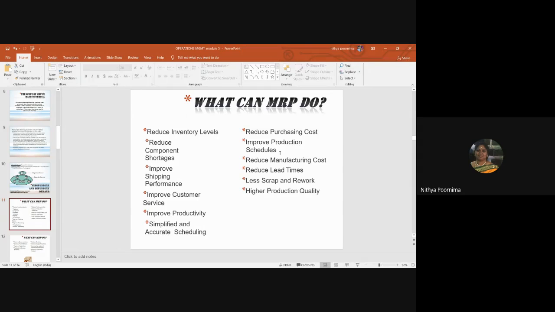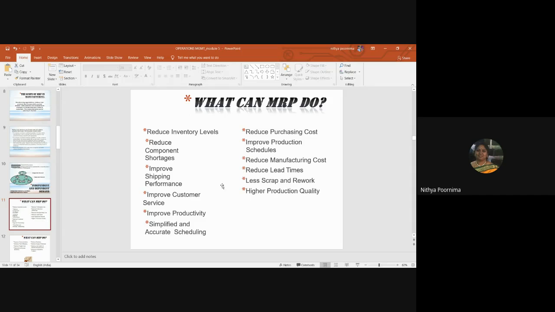It will improve the production schedules and reduce the manufacturing costs. If you plan this MRP and do all this, it's definitely going to help the entire production line, thereby everybody is satisfied. That's what I'm trying to tell. So it reduces manufacturing costs, reduces lead times, less scrap and rework, and gives higher production rates.